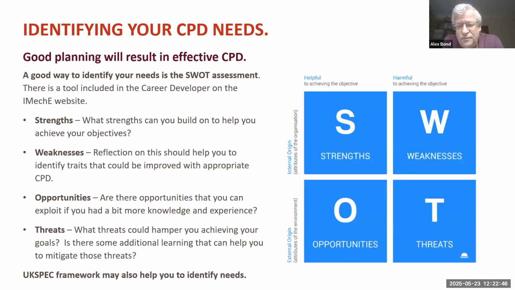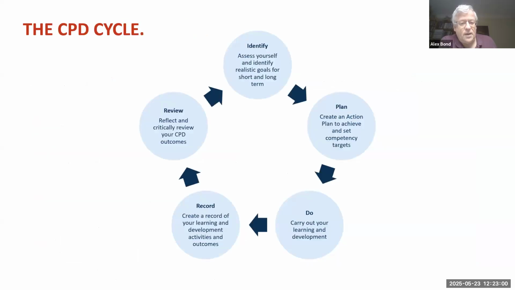So it's all about doing a self-appraisal and identifying where the gaps are in relation to your goals. Once you've identified the gaps, that's when you need to start developing your plan, creating an action plan and setting your targets.